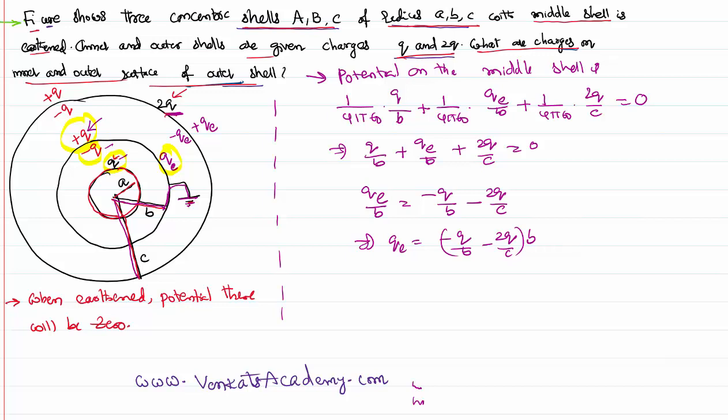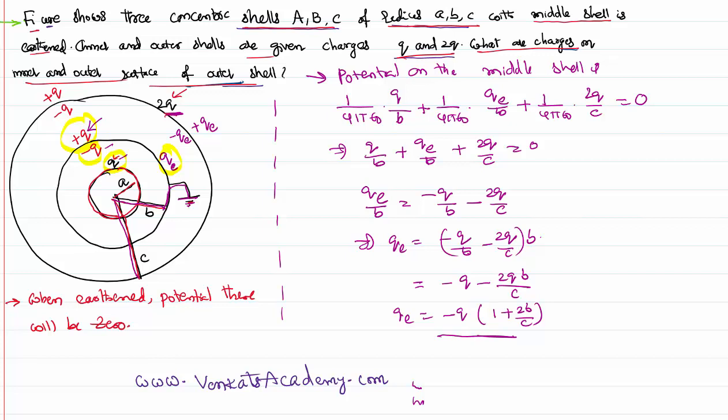That is equal to minus Q, b and b will cancel, minus 2Q into b by c. We can write this the other way as minus Q of 1 plus 2b by c. That is the charge. A negative charge has flown from the earth to that surface, so that the potential of that surface becomes 0.